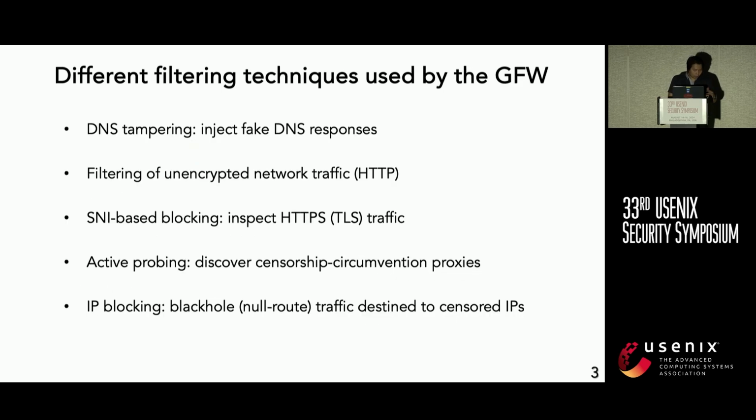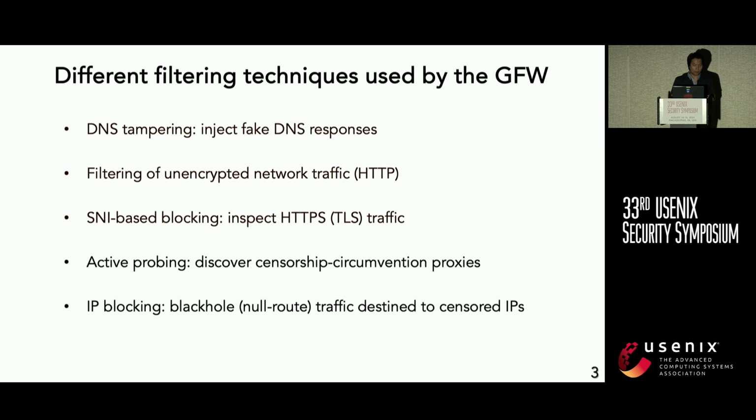So there are several filtering techniques used by the Great Firewall, including DNS tampering, keyword filtering of unencrypted traffic, and SNI-based blocking, which basically looks at the TLS handshake for the domain name, active probing to look for VPN and Tor relays to block them, and IP-based blocking, which is null routing to a bunch of subnets.